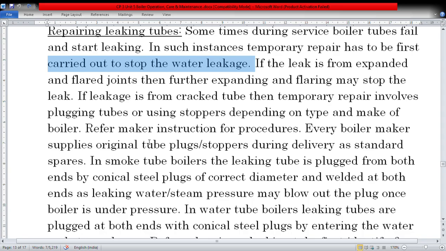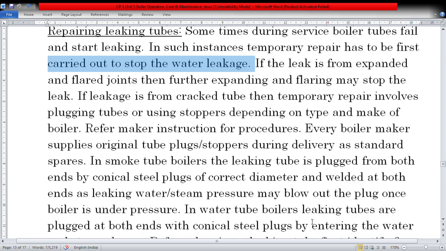Every boiler maker supplies original tube plugs and stoppers during delivery as standard spares. In smoke tube boilers, the leaking tube is plugged from both ends by conical steel plugs of correct diameter and welded at both ends, as leaking water or steam pressure may blow out the plug once the boiler is under pressure.